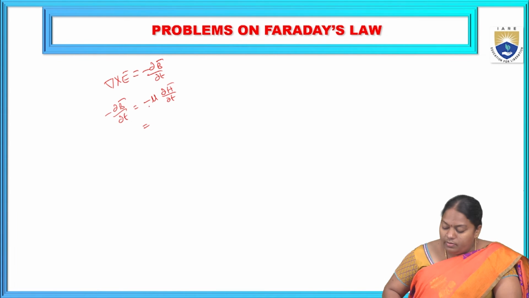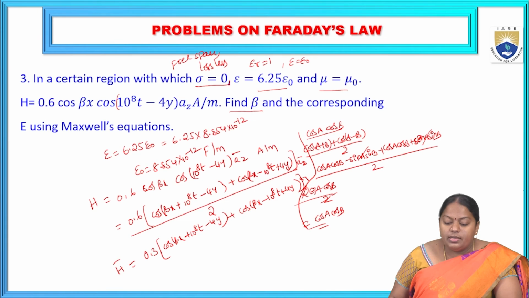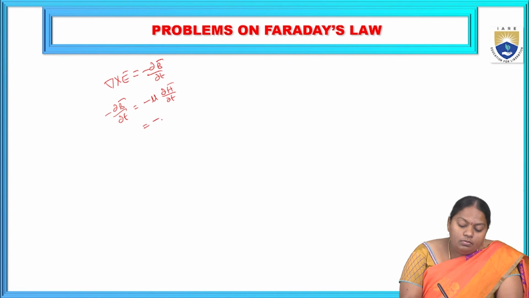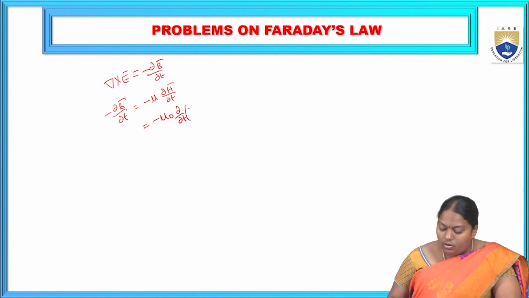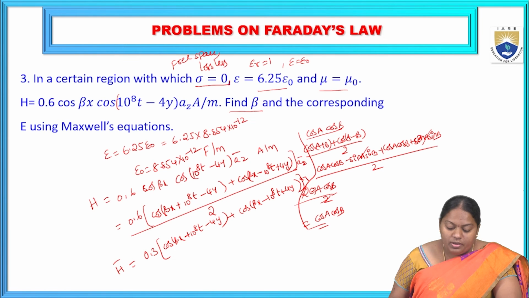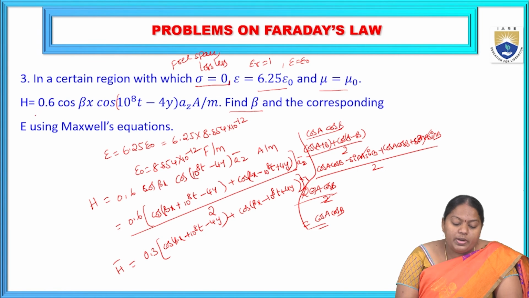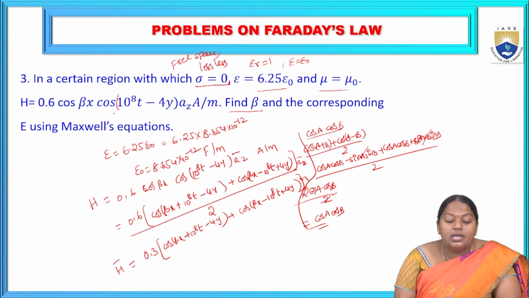From the given, the value of μ is μ naught and ε needs to be considered as 6.25 ε naught. See, minus μ naught ∂/∂t of the H value we have evaluated previously, 0.6 cos βx into cos of (10^8 t − 4y) into az ampere per meter. Now the value needs to be substituted here.